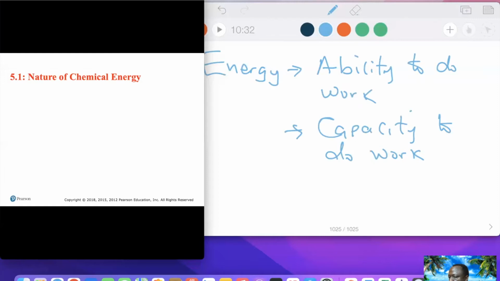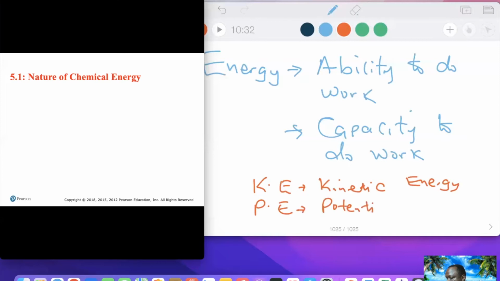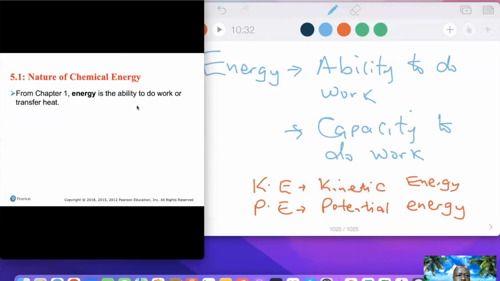There are two most important types of energies: kinetic energy, which we looked at earlier on, and PE for potential energy. These are the two most important energies you need to remember. Okay, this was chapter 1, which we define energy: ability or capacity to do work or transfer heat.